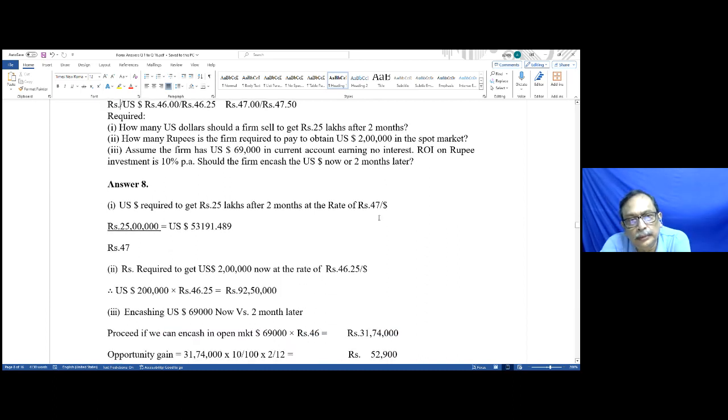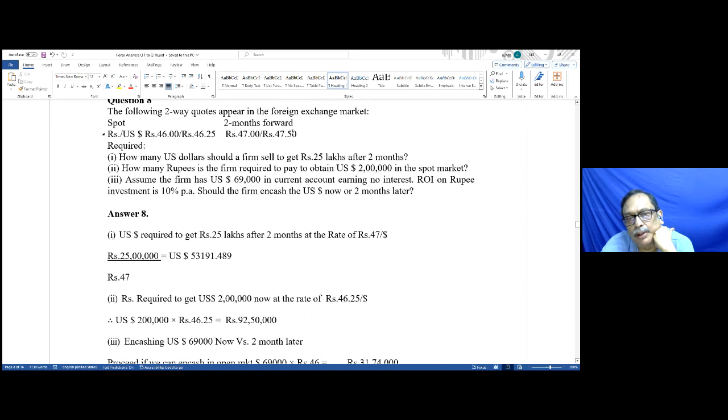Now, as per the requirement of the first question, it is asked how many US dollars should a firm sell to get rupees 25 lakhs after 2 months? So it is a simple phenomenon. We are required to write the US dollar required to get rupees 25 lakhs after 2 months at the rate of 47 per US dollar.